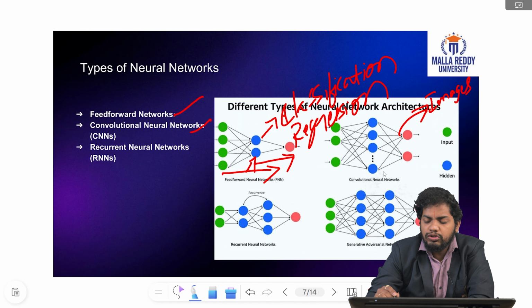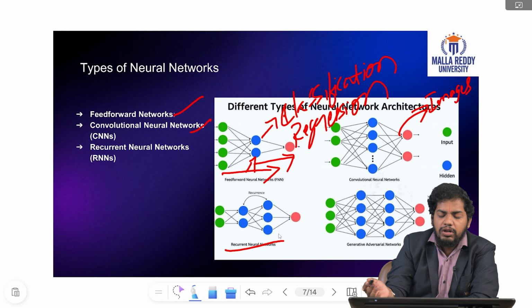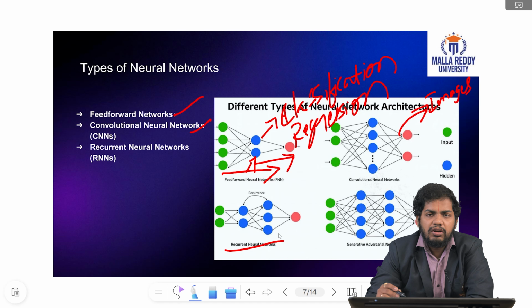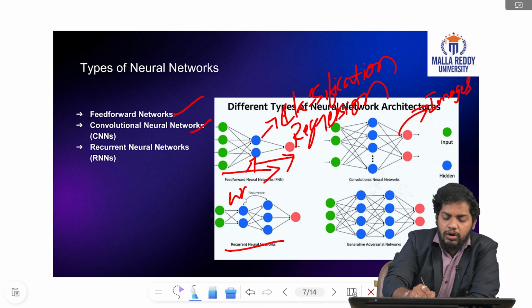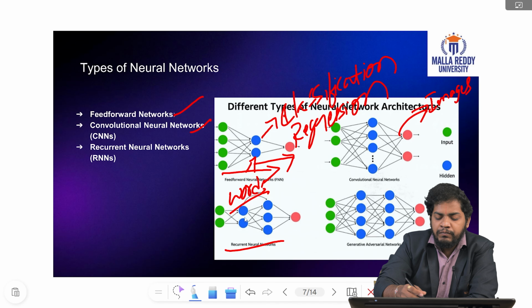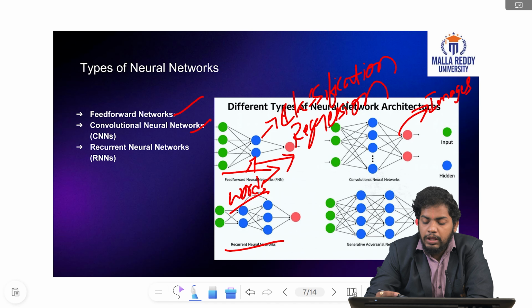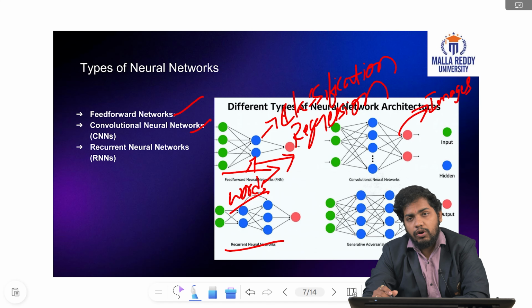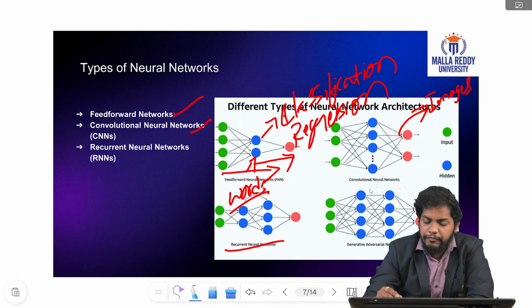So convolutional neural networks are for images, and recurrent neural networks are helpful for time series or predictive analysis over words or sentences, like textual data. And generative adversarial networks, GANs, as we commonly call them, are used for producing new data like augmented data.